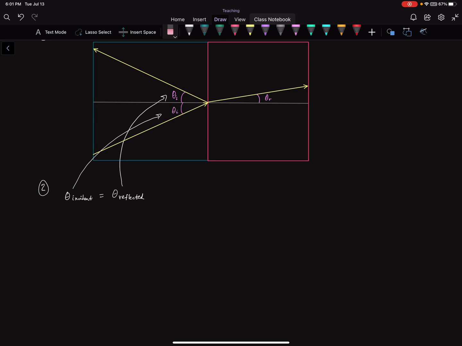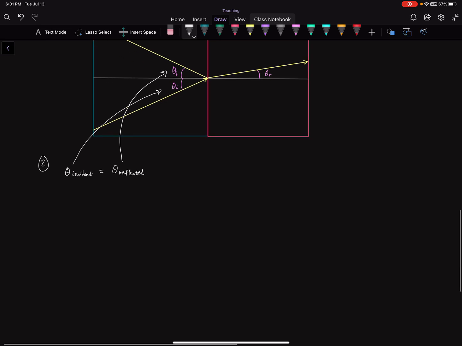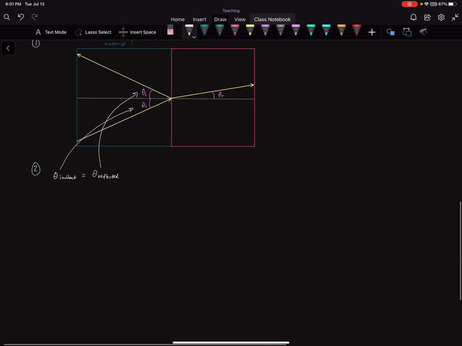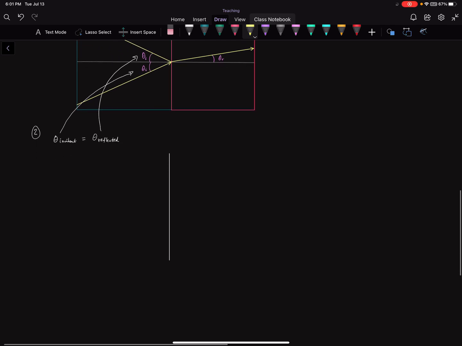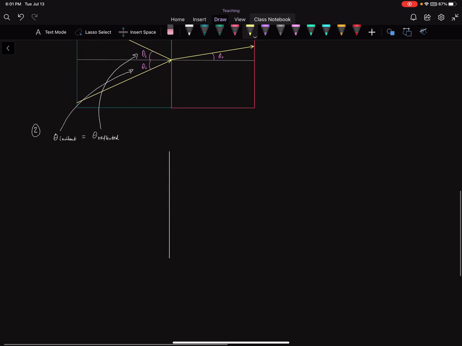Let's look at the wavefront visualization to see what happens. So if we have this interface here, talking about refraction, and we have wavefronts approaching, right? So we're going from rays back over to wavefronts, and we'll say this is material 1 over here, and this is material 2 over here.